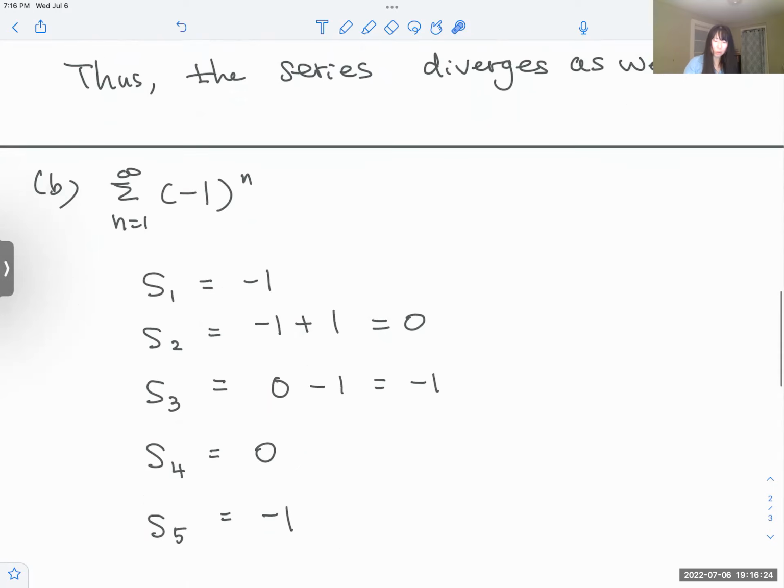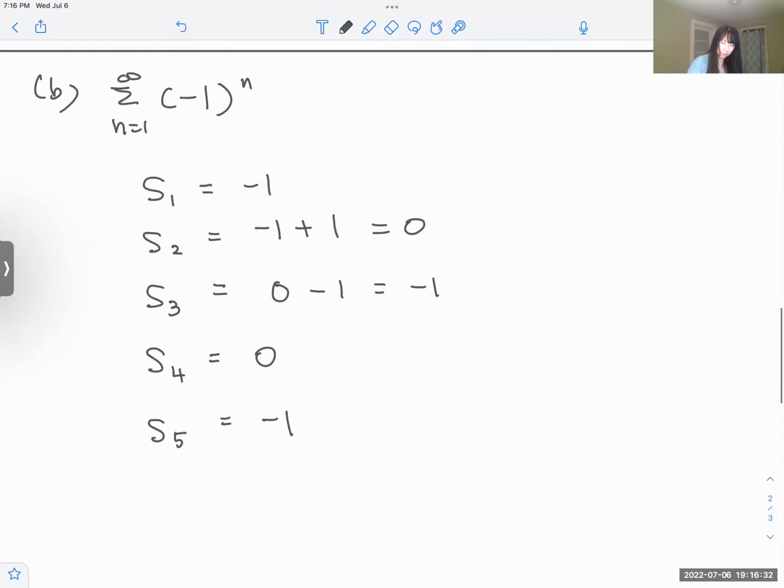Normally we say does not exist, right? So -1, 0, -1, 0, so say diverges, or does not exist.